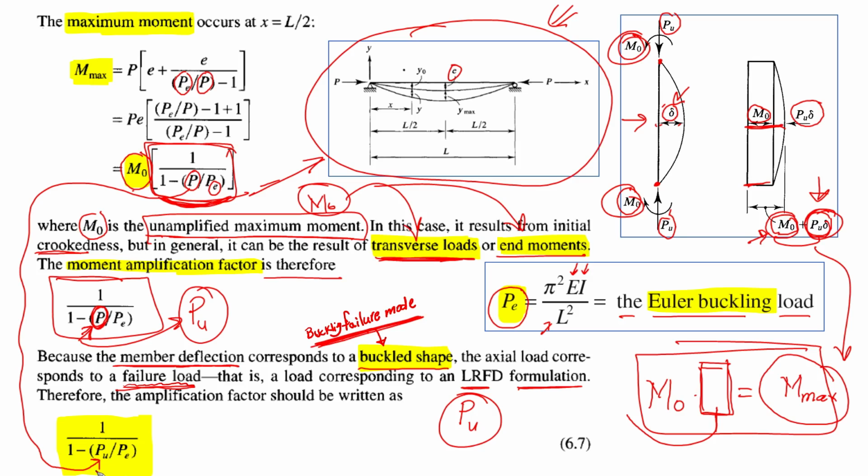Okay, understand? So this is the justification for using P ultimate. If I ask you why we use P ultimate here: because the member deflection corresponds to a buckled shape, so the axial force should correspond to this failure mode. It's not service loading, it should be P ultimate loading.